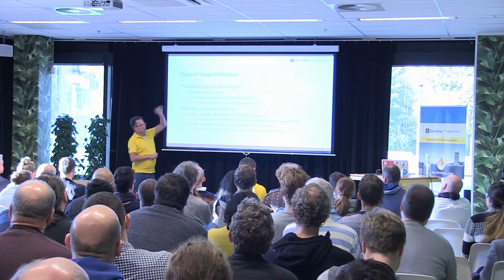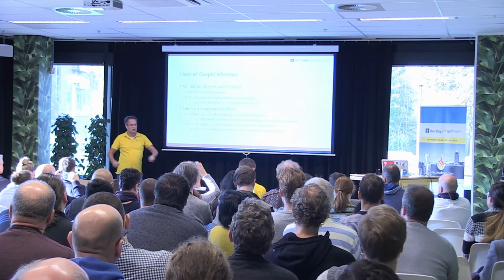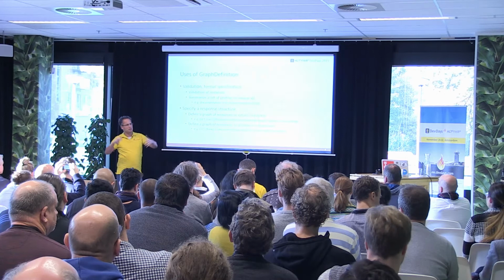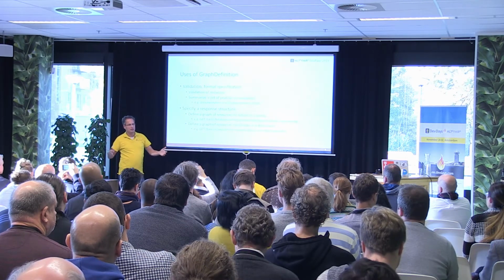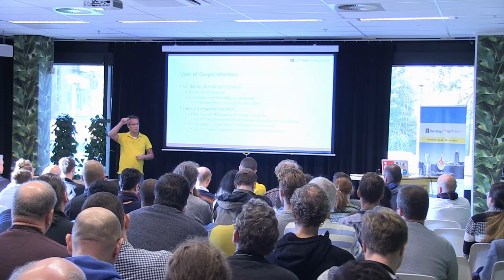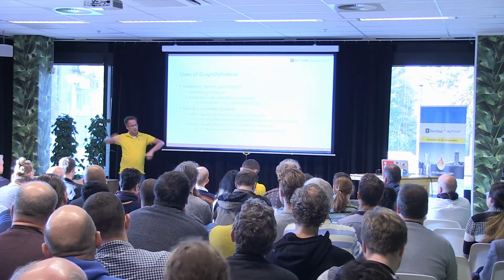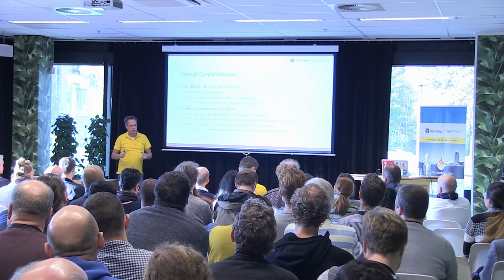Well, certainly validation. So that on a document or on some bundle of FHIR resources that contains some sort of a graph, you can stick a label on there if I want to. A profile ID could be a reference to a graph definition. Is this valid given this graph definition?